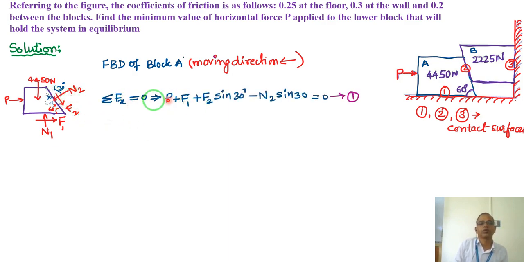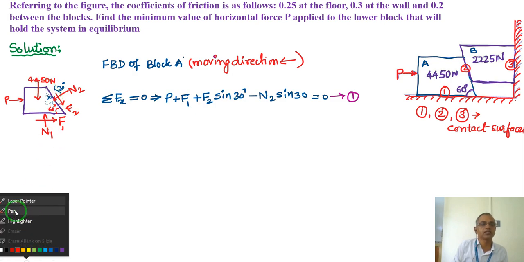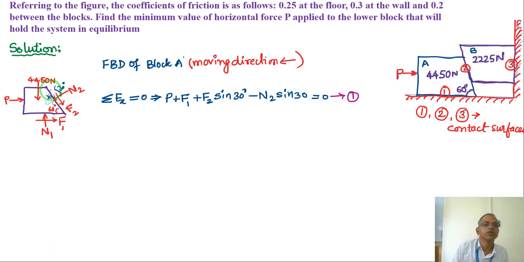So Fx equals P positive, F1 positive, N2 sin 30, and F2 is acting like this along the surface, at an angle of 30 with the vertical. So F2 cos will be vertical, F2 sin will be horizontal, right? This is what is important.